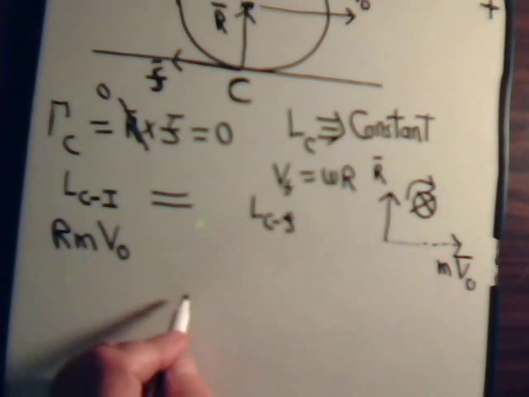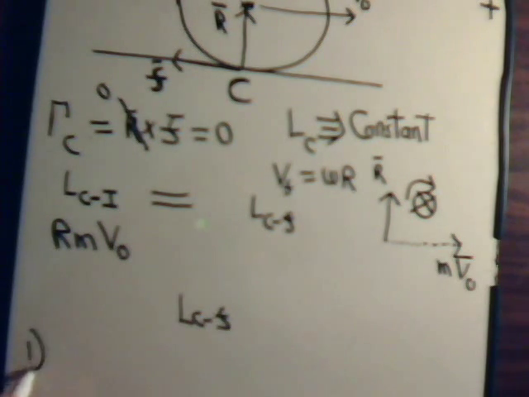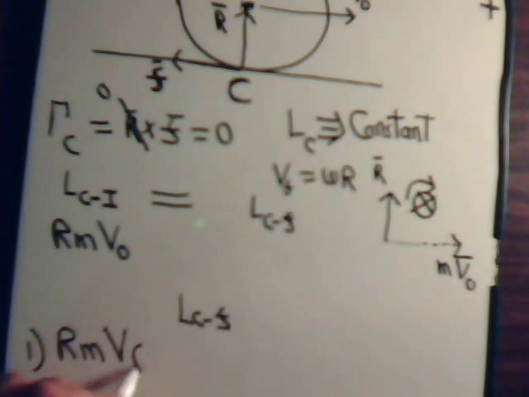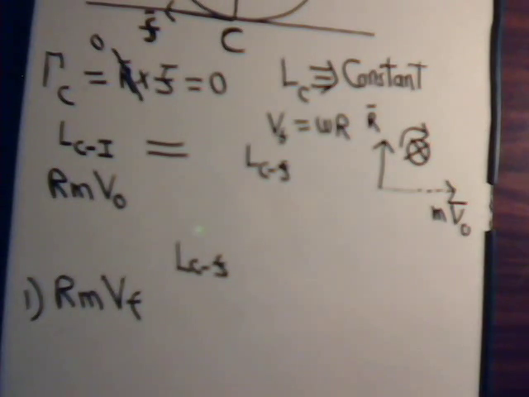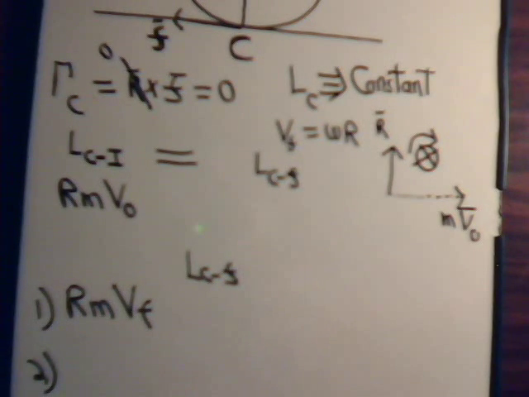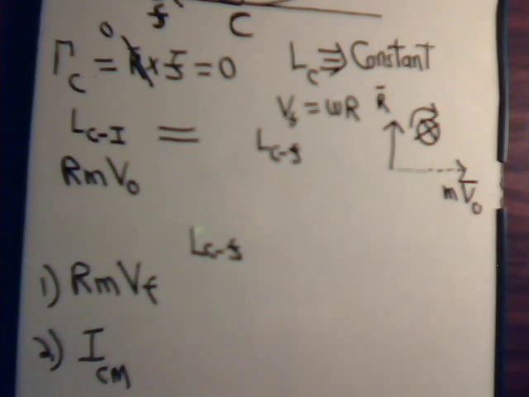So this has two components. Component 1 is just Rm V final. And component 2, the angular momentum of rotation about the center of mass, that is the moment of inertia with respect to the center of mass times the angular velocity.